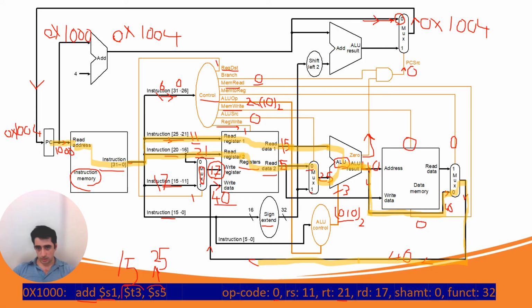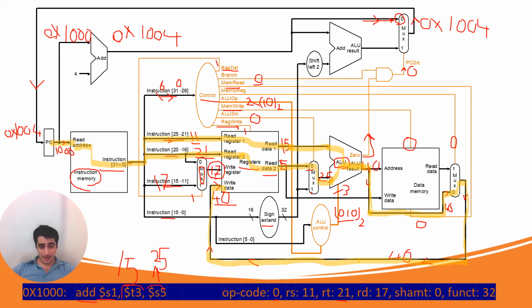This wire is going to be passed to the write data of the register file, and that's pretty much it. That's the longest path that we have. That one has the longest delay. We call this the critical path, right?